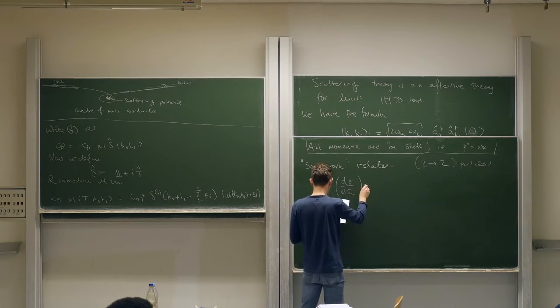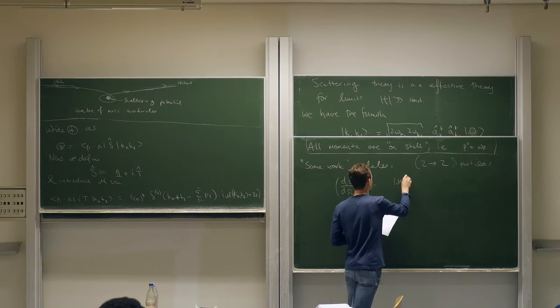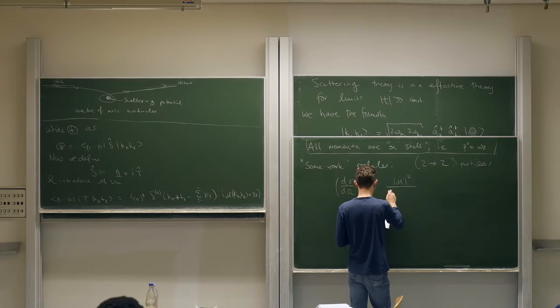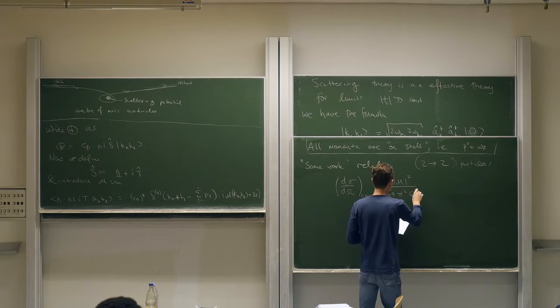The differential cross-section in the center of mass coordinates is determined by this M quantity squared divided by, as it happens, 64 pi squared energy in the center of mass frame.